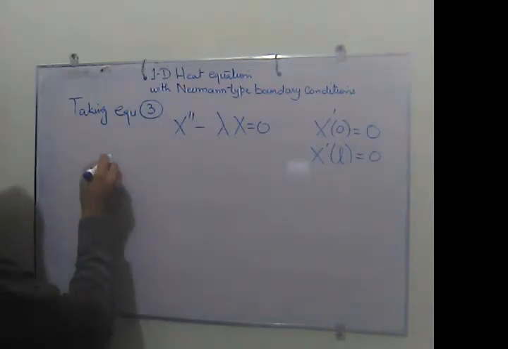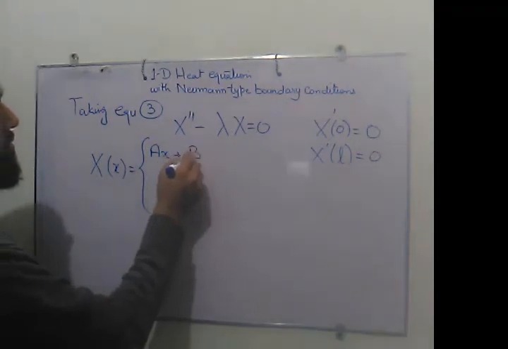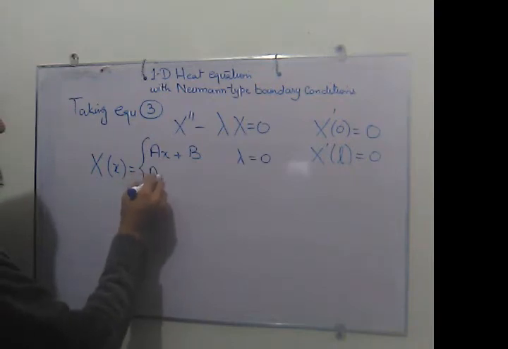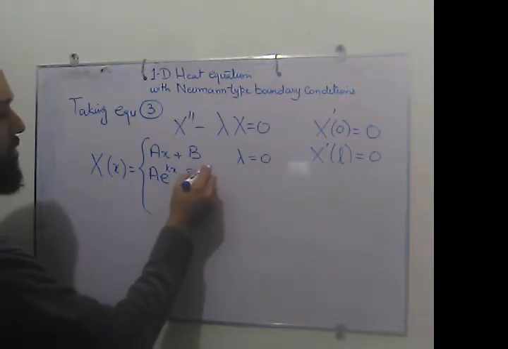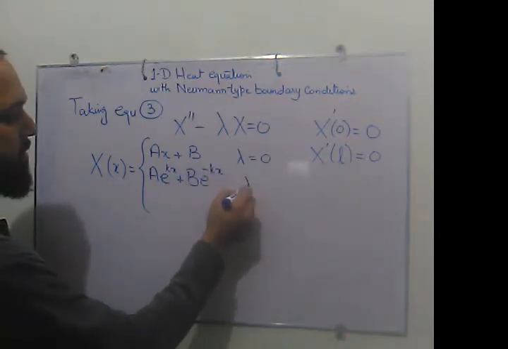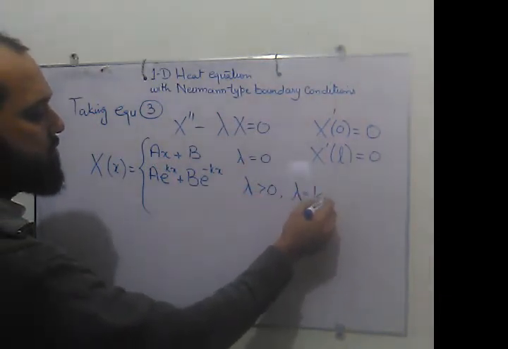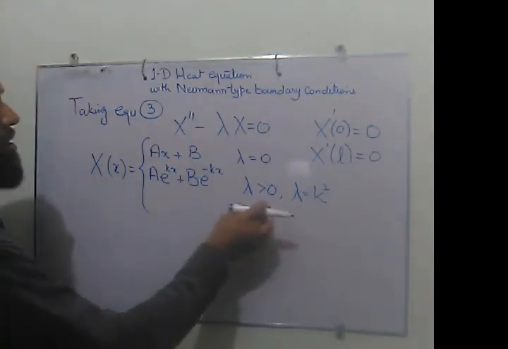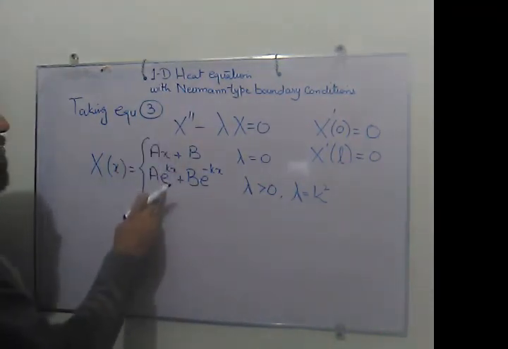For all three cases, lambda has a solution of the form ax plus b if lambda is equal to 0, a exponential kx plus b exponential minus kx when lambda is greater than 0, or lambda is equal to positive k square. So if k square is positive, which means that lambda is also positive, the solution that satisfies this differential equation would be in the exponential form.